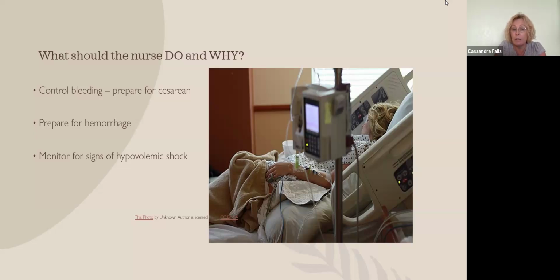Okay, so we're looking for the one that's most concerning and requires immediate intervention. Weight loss. I've got some answers for you. A is dry mucous membranes with poor skin turgor. B is weight loss of 5 pounds over a 2-week period.